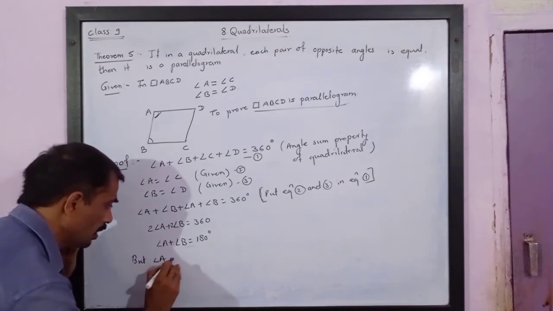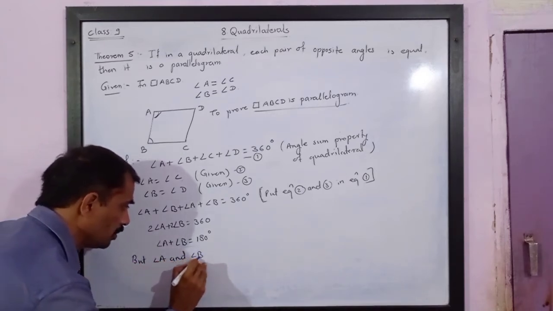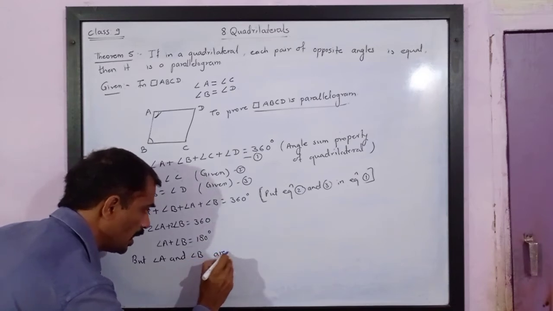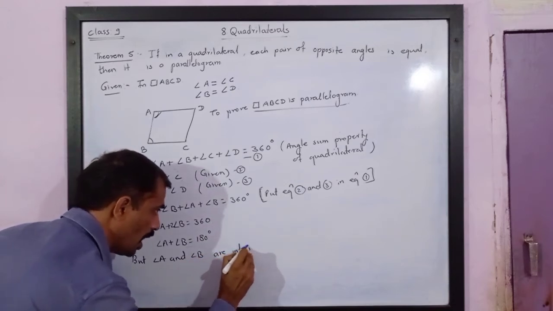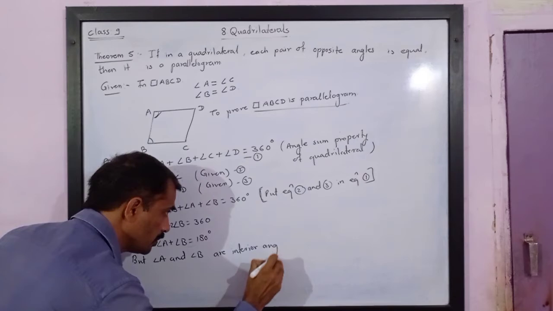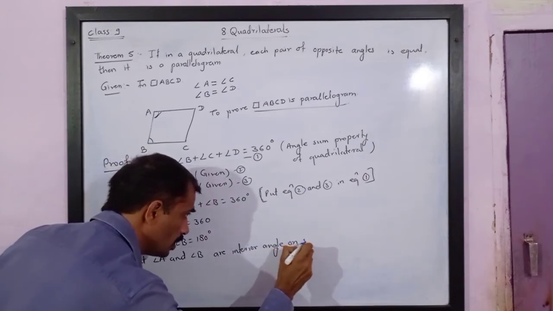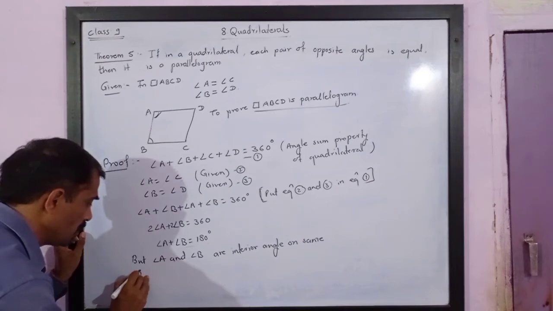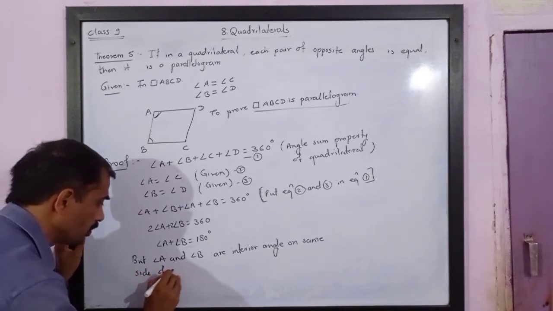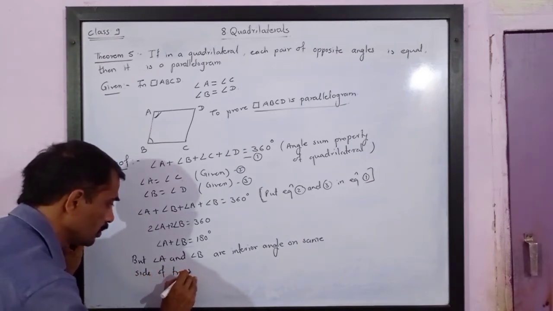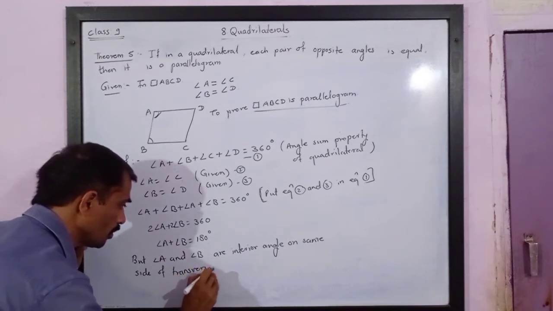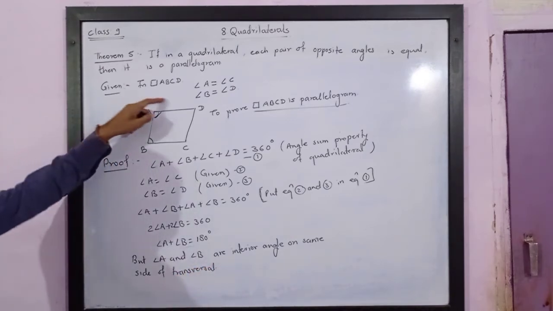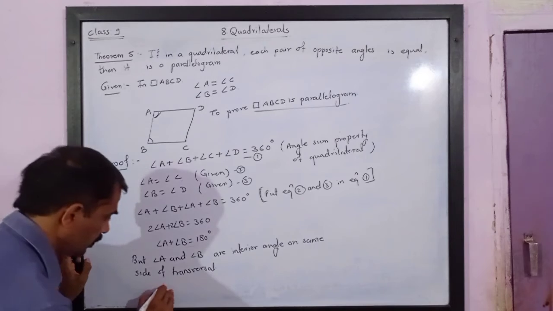Angle A and angle B are interior angles on the same side of the transversal. Therefore, AD must be parallel to BC.